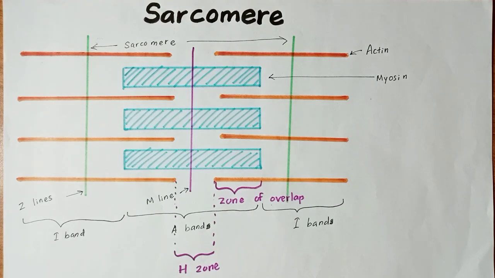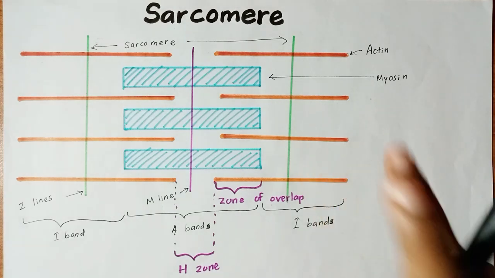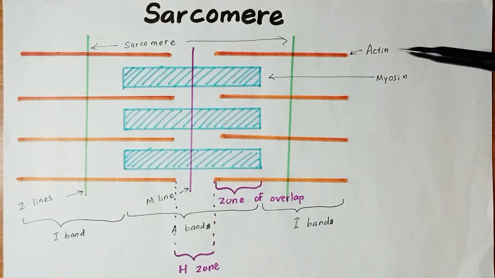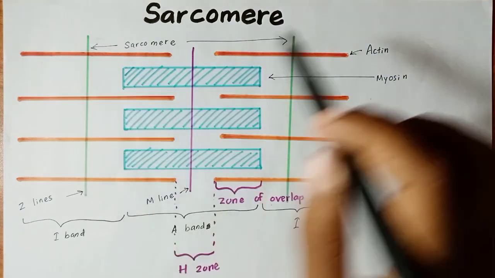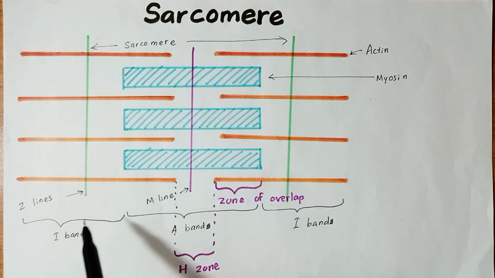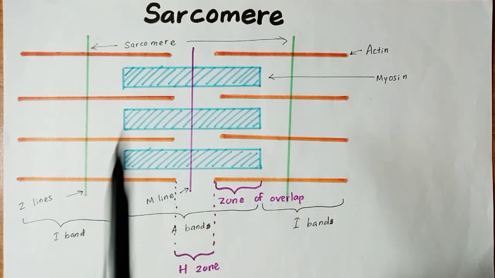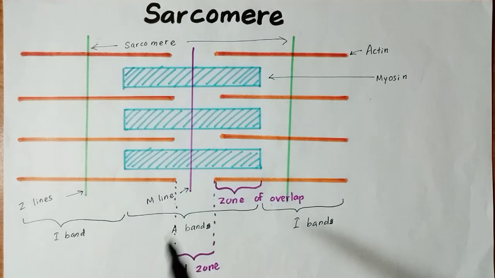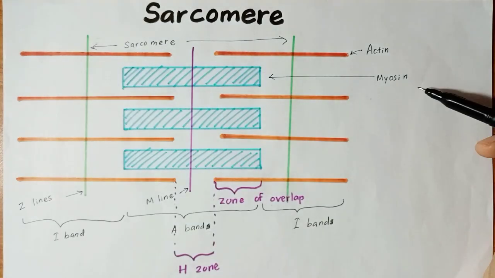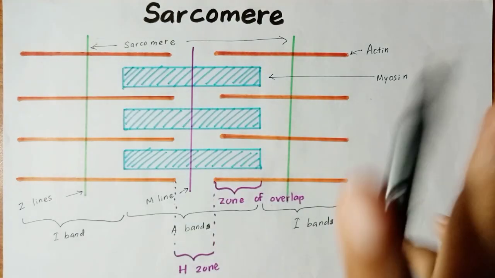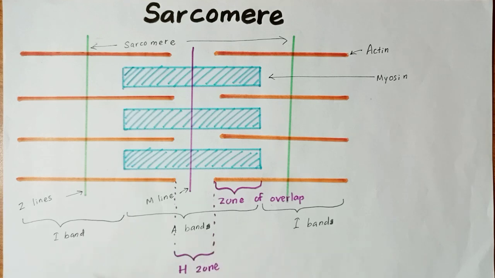Again, we will get a brief idea. We know that there are two filaments in the sarcomere, actin and myosin. Actin is the thinner one, myosin is the thicker one. And there are Z lines connecting these actin filaments. And the region between these two Z lines is known as the sarcomere. And there's an M line connecting myosin filaments. And there are two types of bands, A band and I band.